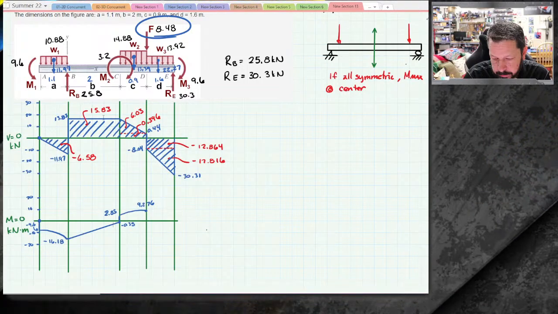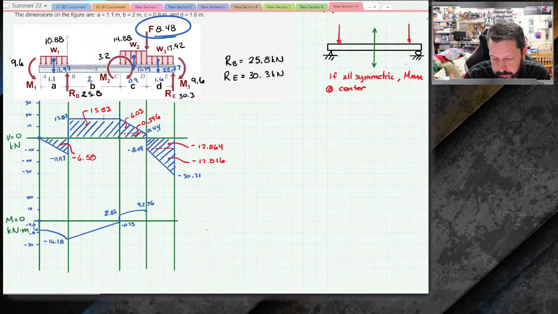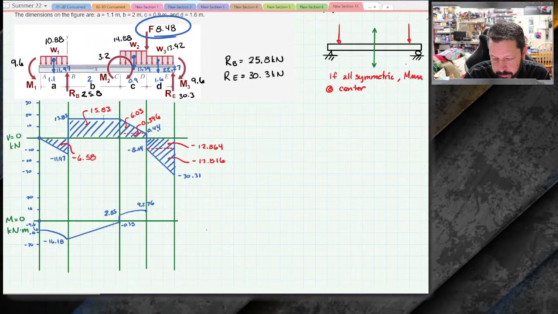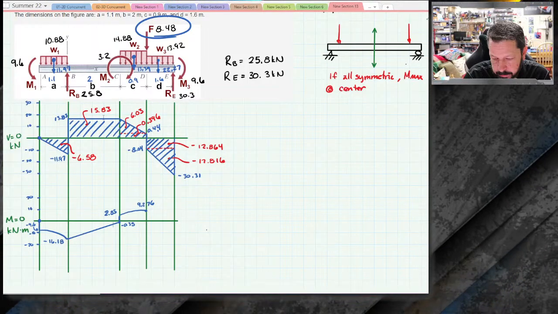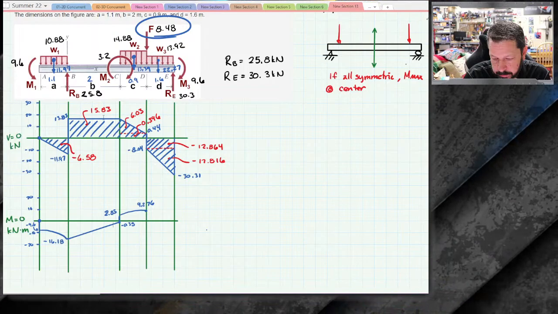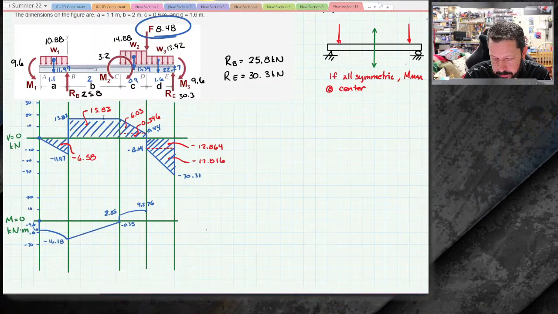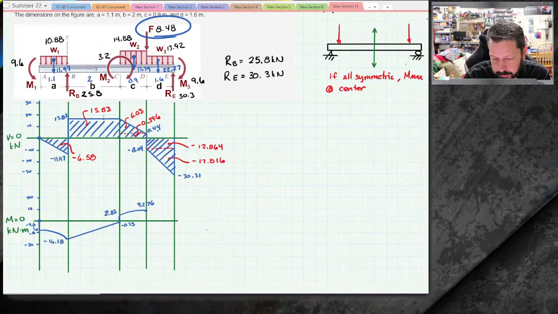I'm checking the areas that we calculated for the shear diagram, the red numbers on the shear diagram. And first what I want to do is the 13.83, that should be times 2. B is 2.